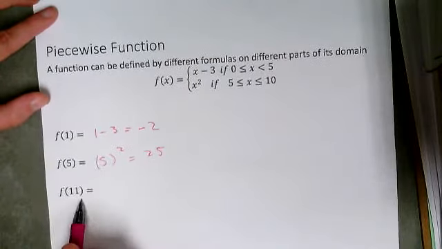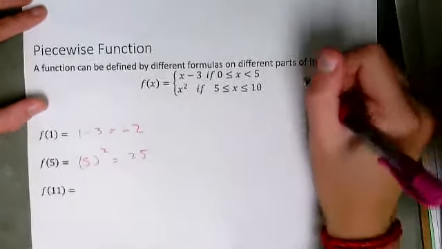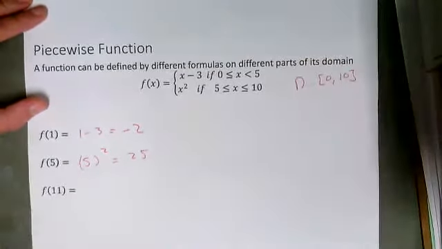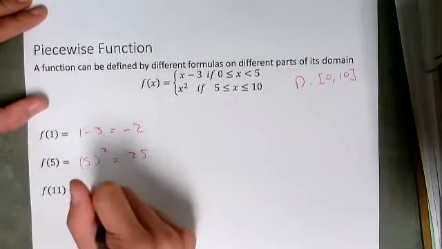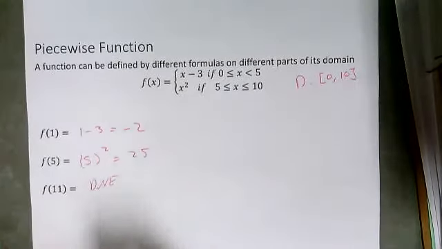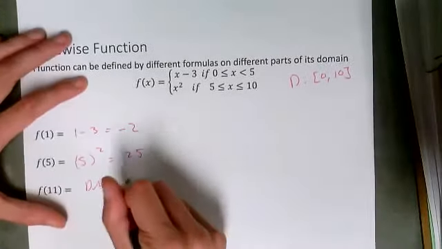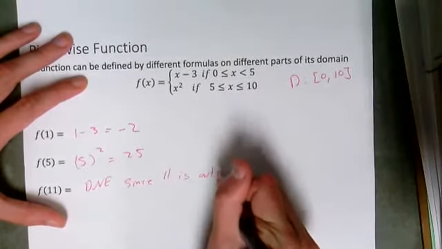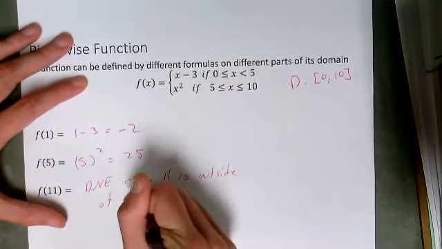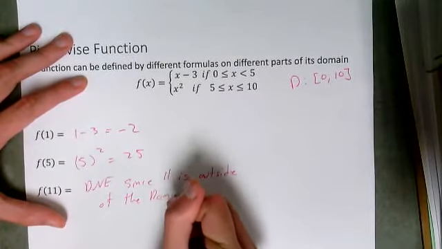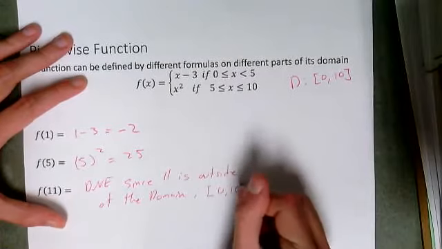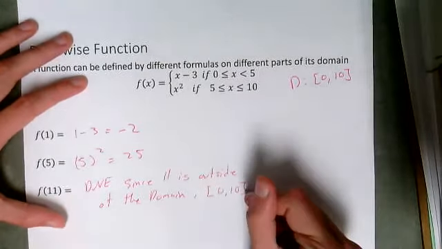And this last one, f of 11, as just said before, this guy's domain is 0 to 10. So when I'm trying to find f of 11, that doesn't exist. It's not possible to find because 11 is outside of the domain, which is 0 to 10.